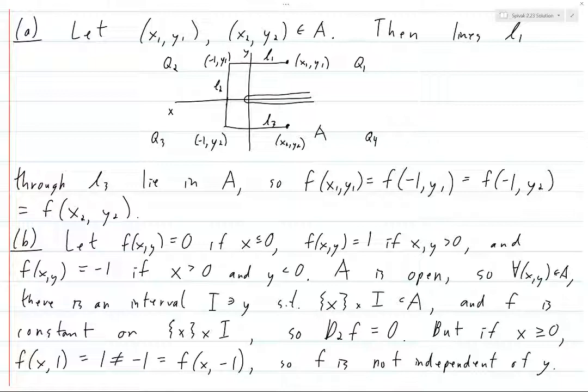You need to be able to separate quadrant 1 from quadrant 4, and allow the function to jump between them. Then the function will be differentiable at each of those points, in each of those regions, Q1 and Q4, but the value of the function can still change because you have this jump.